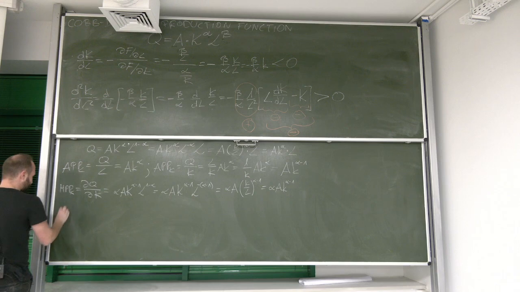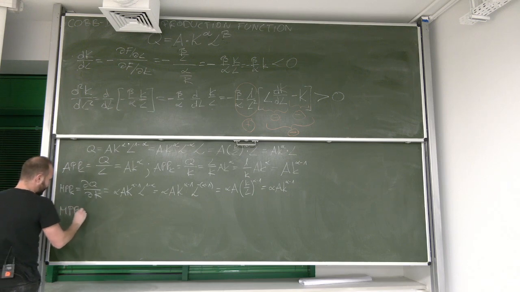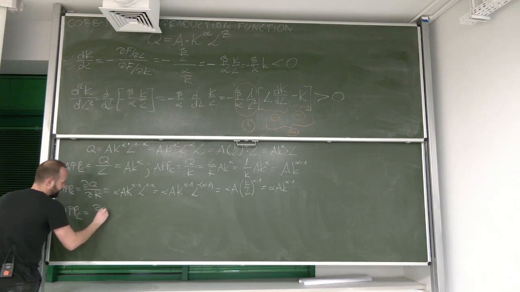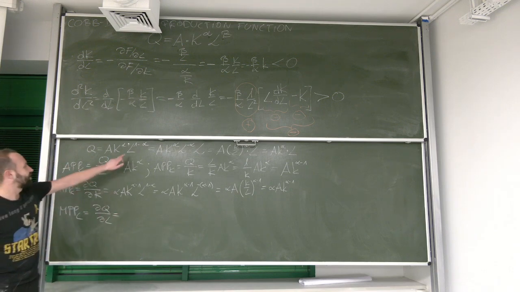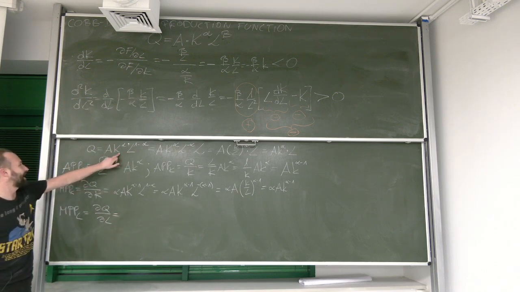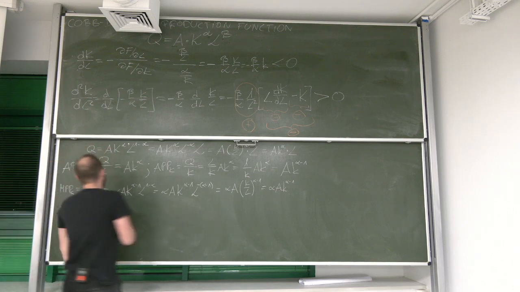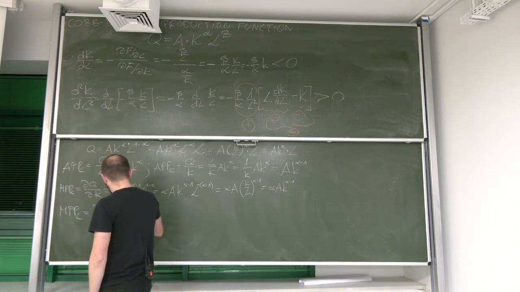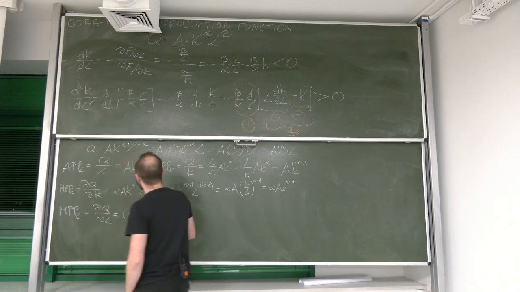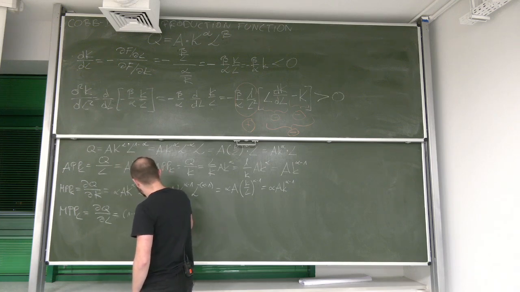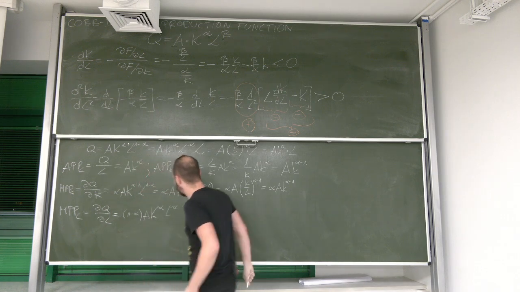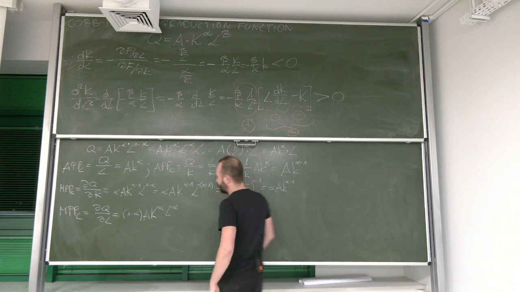Okay, then we go to the marginal physical product of labor. Now I differentiate this function with respect to labor, and I get 1 minus alpha times A K to the power of alpha times L to the power negative alpha. And look, I can combine those two right away.